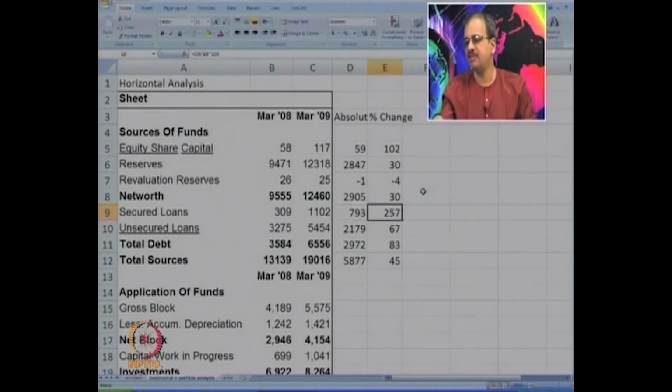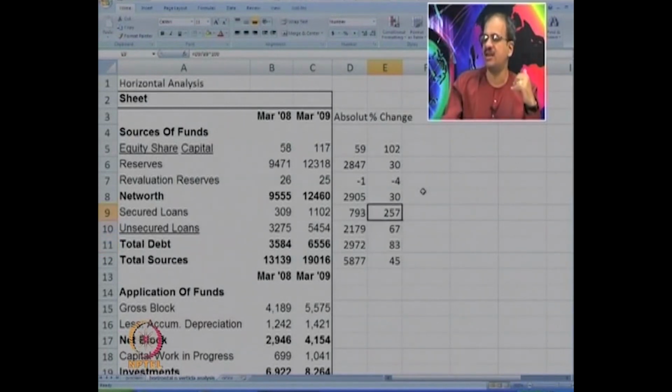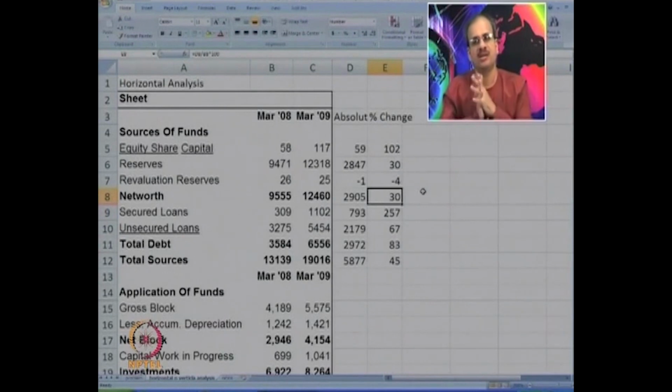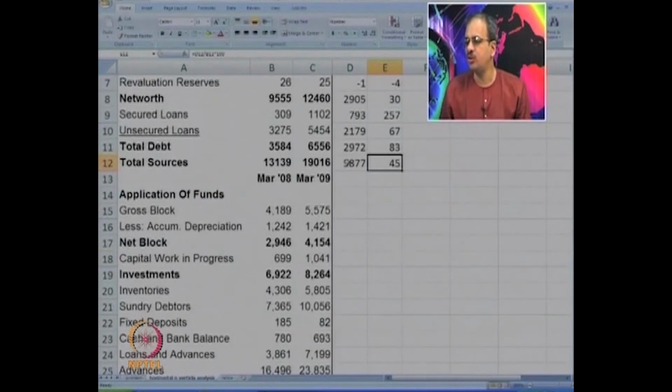That's why it has increased by 257%. Unsecured loans have also increased by 67%. On the whole, the debt has increased more. Debt has increased by 83%, whereas net worth, that is owners' funds, has increased by 30%. I hope you are getting me. So overall the total resources have increased by 45%.